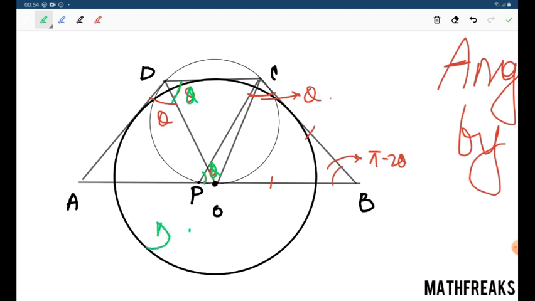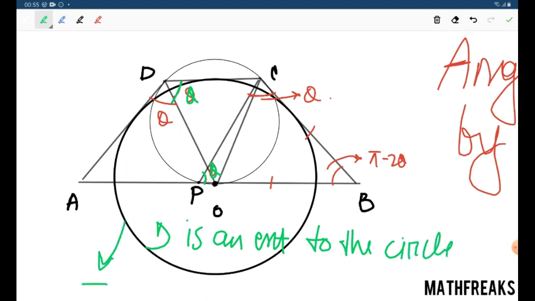Now D is an external point to the circle. Let me name this circle omega. From D we have tangents DC and DA, and from tangents we have learned that they are inclined equally, made with the center of the circle.